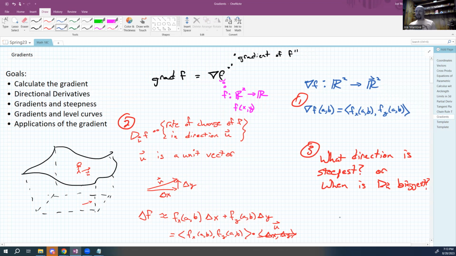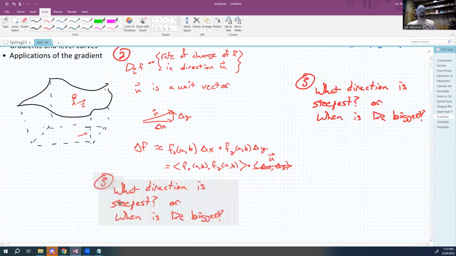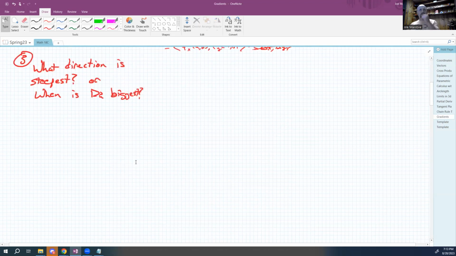Let me take this thing down here. Let's make ourselves some space. Okay, so I just said du of f, right? I'm really talking about a function f, is actually just the gradient of f dotted with a unit vector.